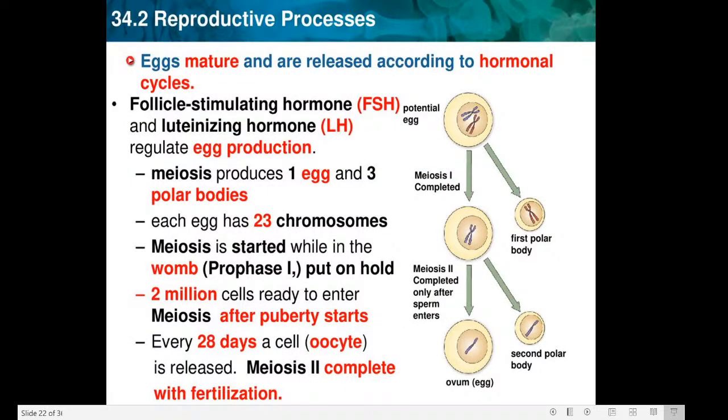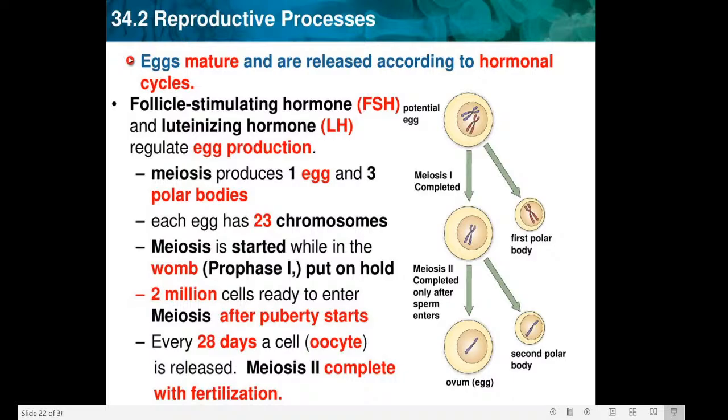Then our reproductive system is based on a hormonal cycle. Here the follicle stimulating hormone, that is FSH, and the luteinizing hormone, that is LH, regulate the egg production. These two are very important.